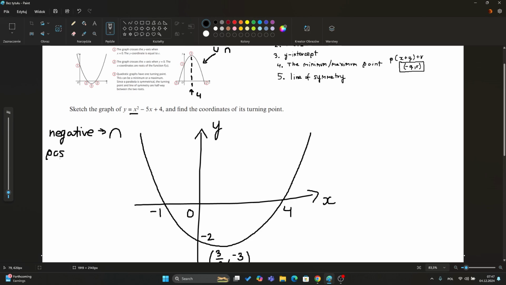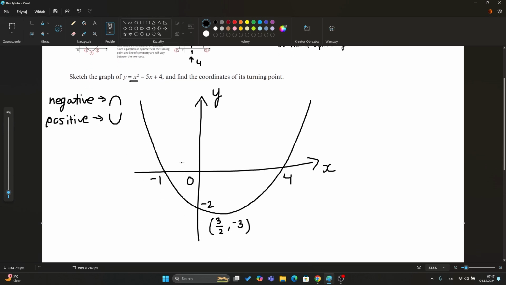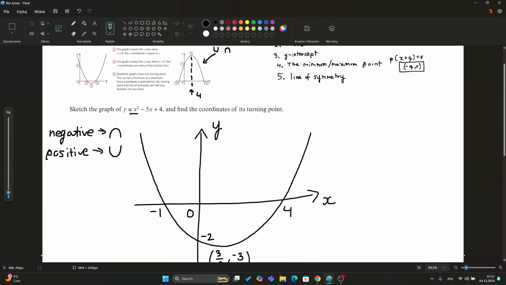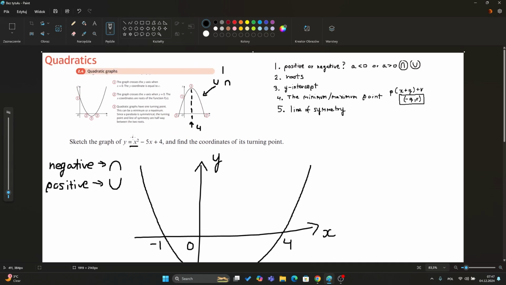When it's positive, the graph looks like this. So here we have a positive graph where a is greater than 0, because a is the coefficient of 1. Therefore our graph is positive, and will be facing this direction here.